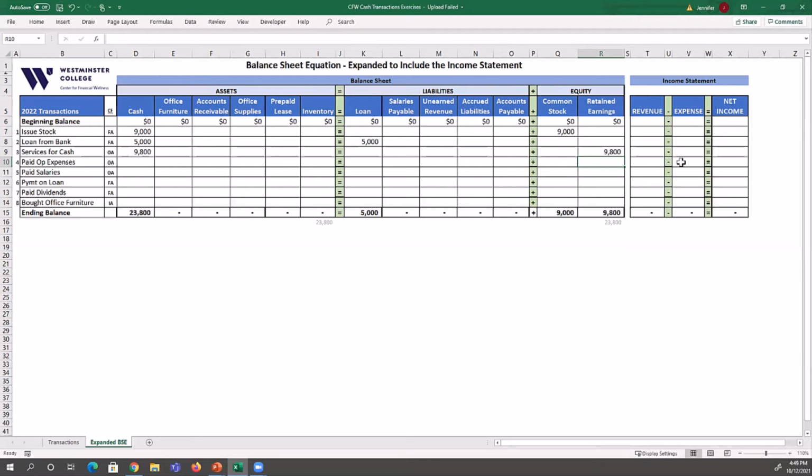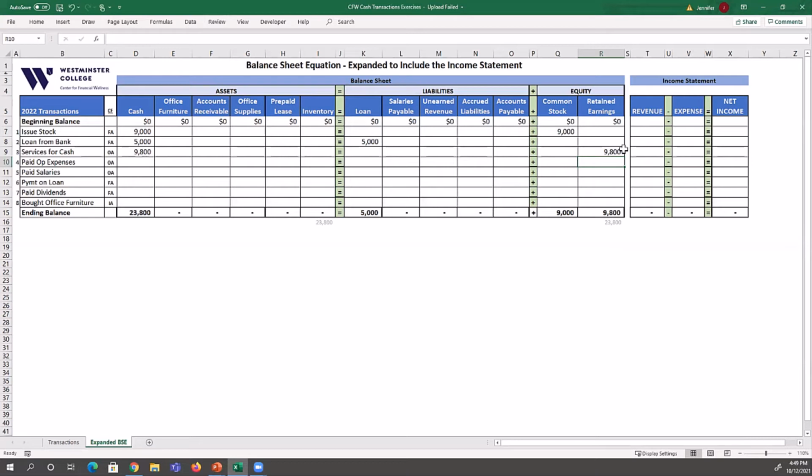If it's a revenue wealth generating activity, then it increases my net income because those are positively related. If it's an expense, it's inversely related to net income. So an increase in expense will cause a decrease to net income. All right. The last question we're going to look at, we're going to make sure that whatever the impact and the amount shown in net income is exactly the same impact and amount shown in retained earnings. When I say impact, I mean, is it an increase or a decrease?